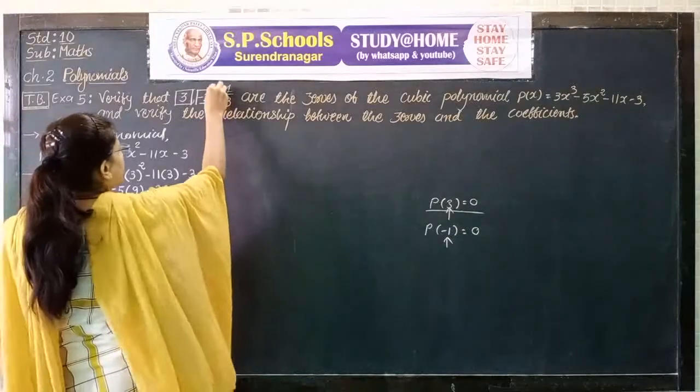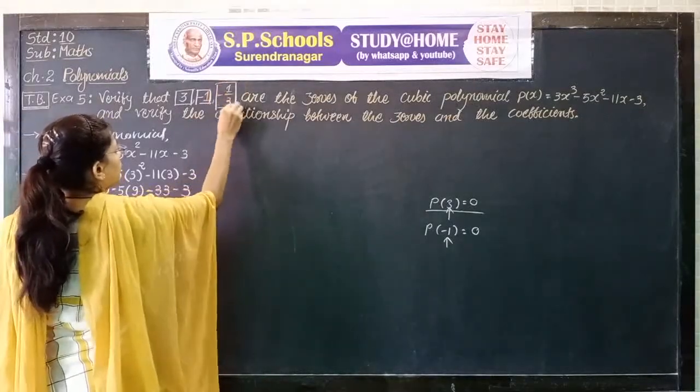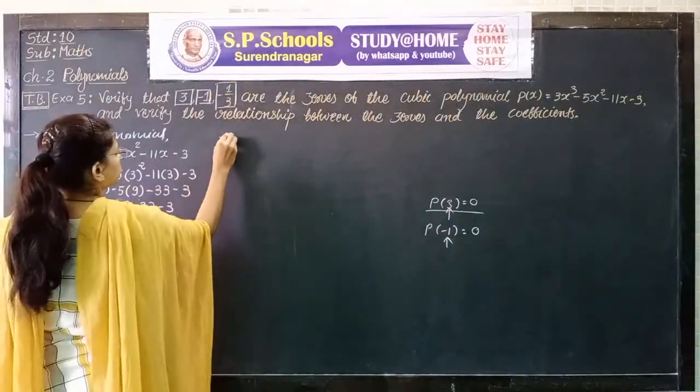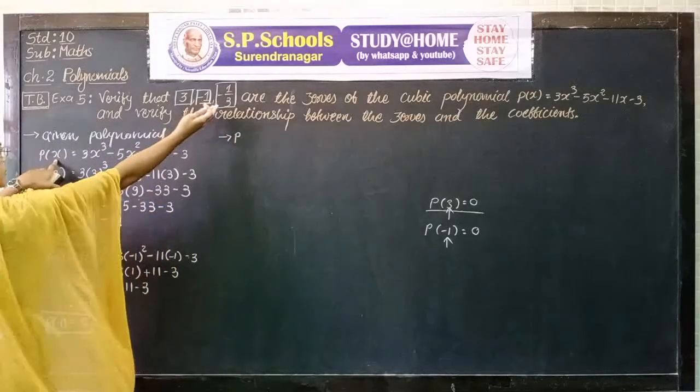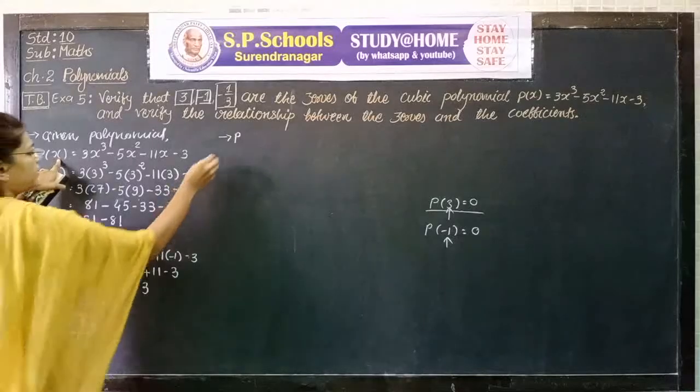Now the last one remains, minus 1 upon 3. We have to substitute minus 1 upon 3 instead of this x.